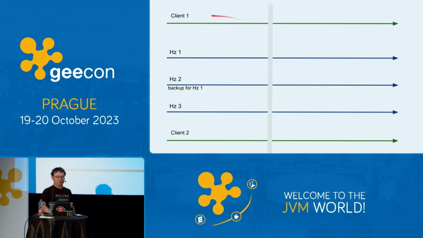So, for example, we have one client and another client. We have these three members in Hazelcast, and for Hazelcast 1, Hazelcast 2 will be the replica, or real-time hot backup, for the data. When the client writes some information to the so-called primary member, this information is replicated to the backup.